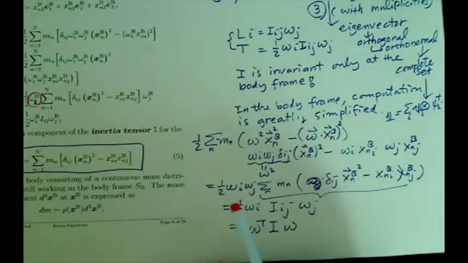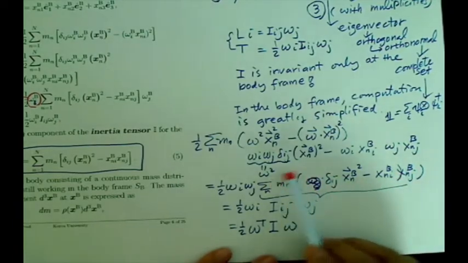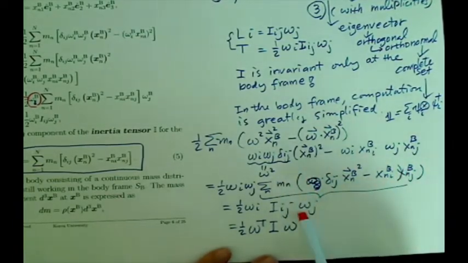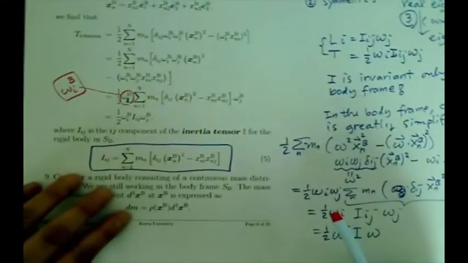So this is 1/2 omega_i multiplied by I_ij, which is the definition of I_ij, and omega_j. So the kinetic energy can be written in a matrix form, 1/2 omega transpose I omega. Here I is called the inertia tensor.